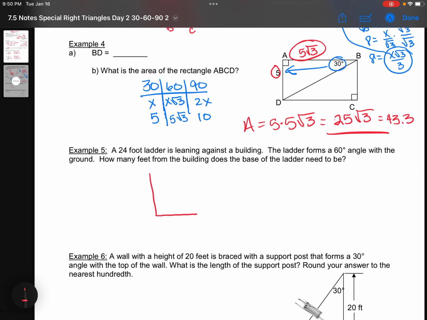Okay, ladder up against a building. Here's my ladder. Here's my building. Here's the ground. We're going to assume the right angle is across from the ladder. The ladder, this is 60. Which is what we're looking for.